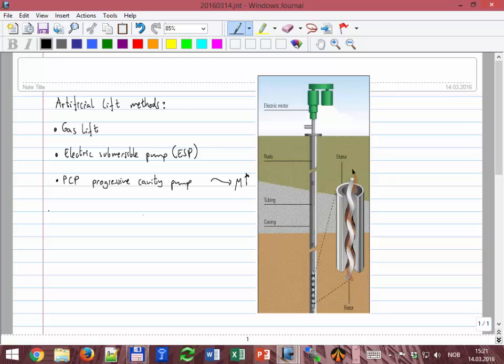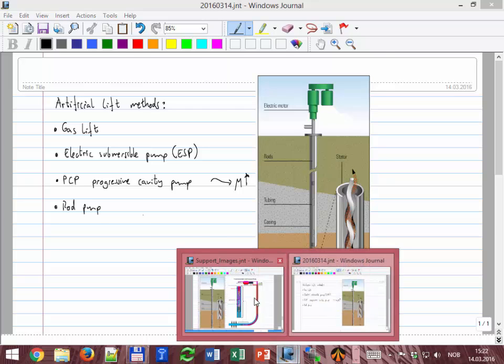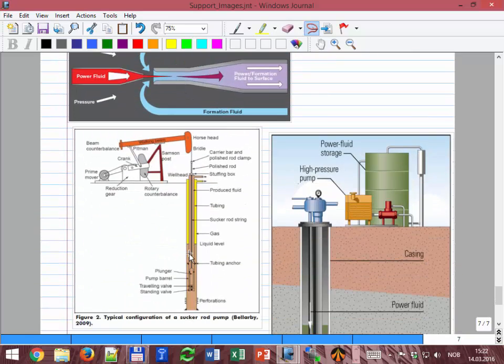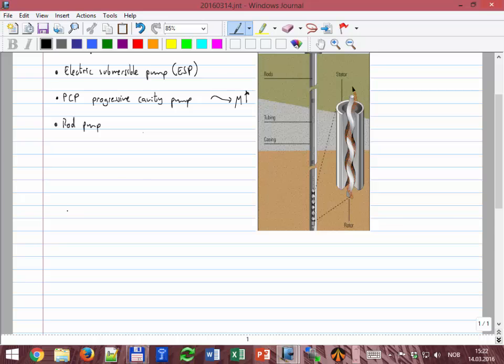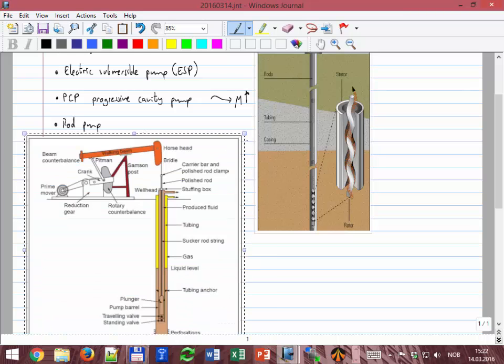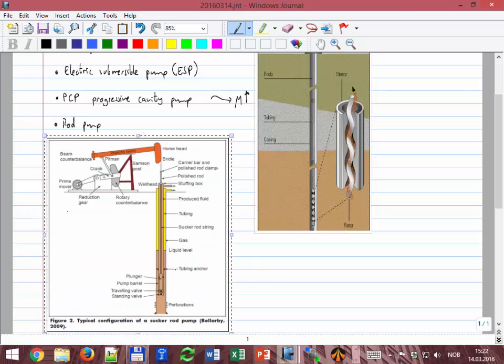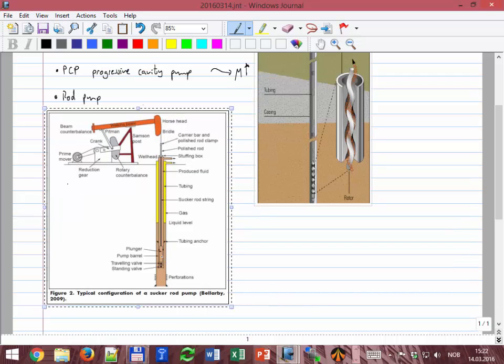Then we have the typical rod pump. I guess you have seen this kind of image, which was the image of the oil industry for quite some time. Beam pumping is basically a cavity that when it goes up is filling the cavity, and when it goes down is actually pumping the fluid up.